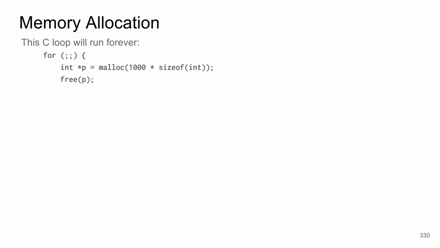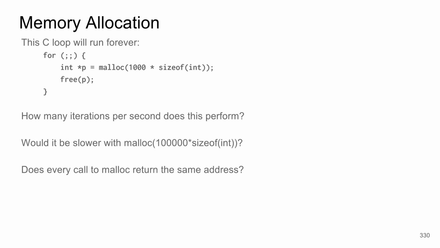So we talked about just the basic uses of it and some simple examples using it. We left off on this slide where we have this loop that will run forever, and all this is doing is allocating some block of memory and then immediately freeing it. We were kind of rushed at the end of lecture, but we looked at a few of these questions. We saw this performs about 20 million iterations per second.